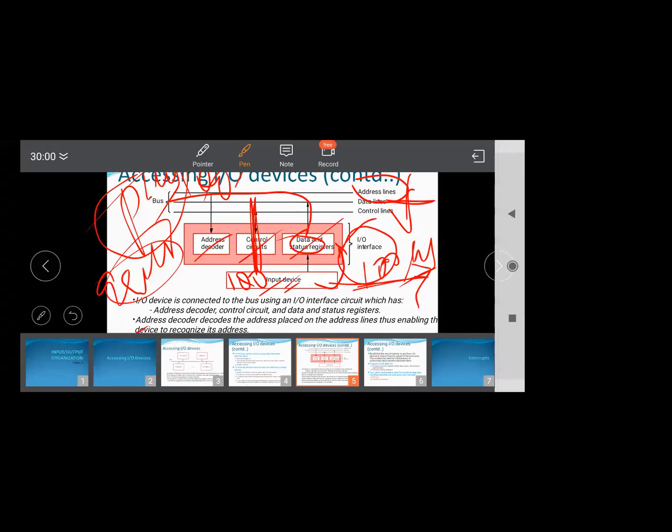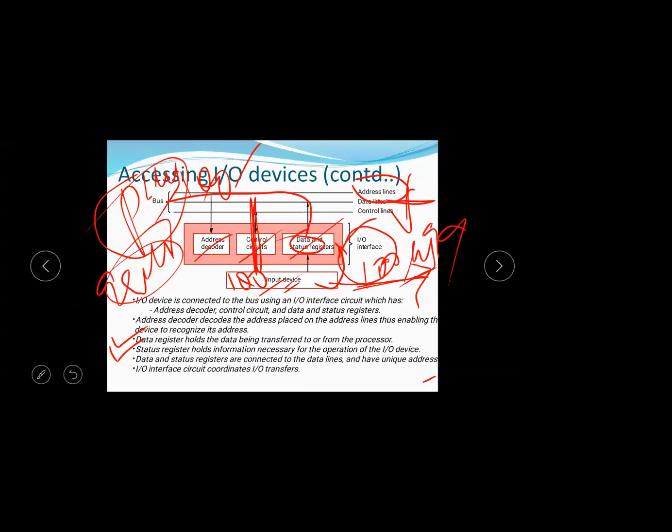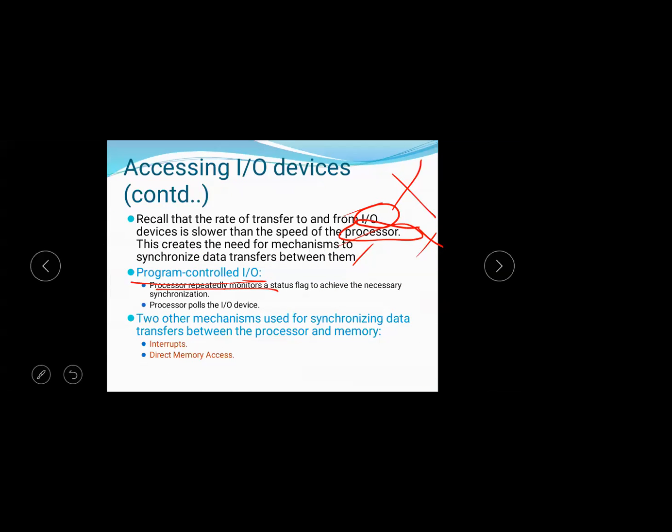Whether the data is available in the data register is known by the processor by checking the status flag. Okay, that's why it is wasting most of the time. Okay, it is called program controlled IO.